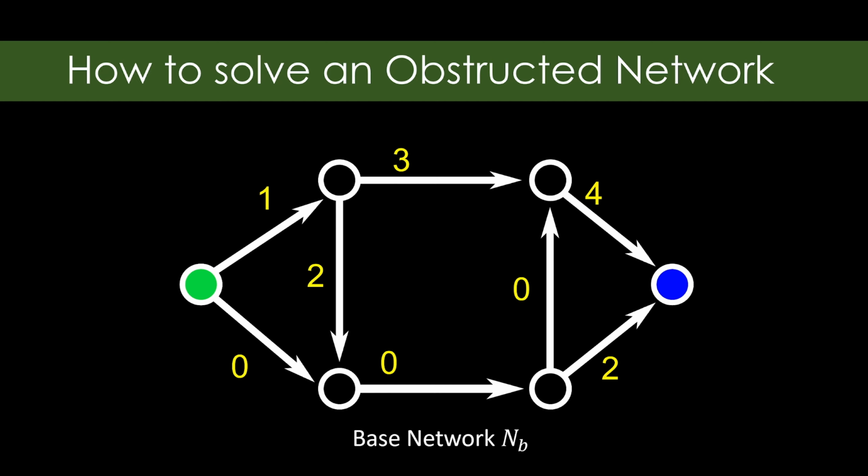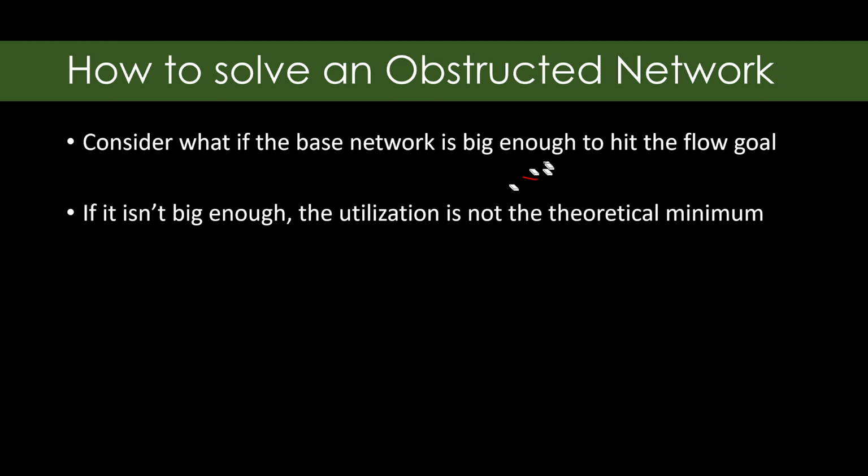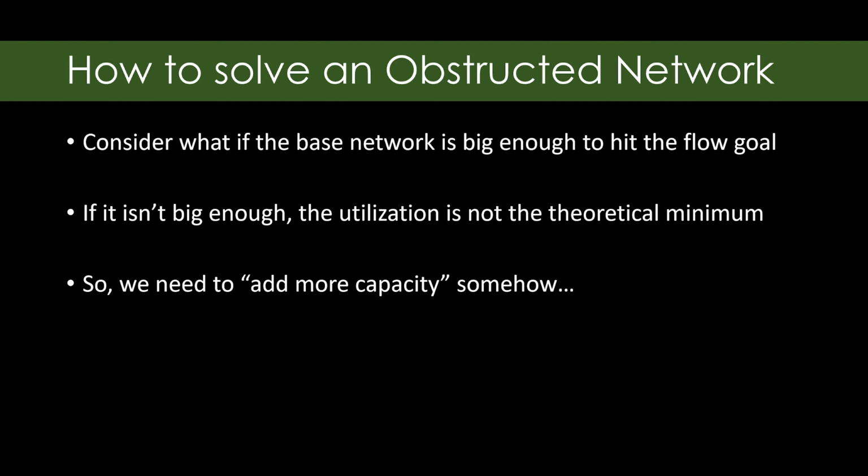And hence, the minimum utilization of the two together would just be 4. Right, we considered, well, if the base network is large enough that we can make a flow to hit the flow goal, we're done. It's at the minimum possible. If it's not big enough, the actual minimal utilization is not the same as the theoretical. So we should add more capacity somehow.